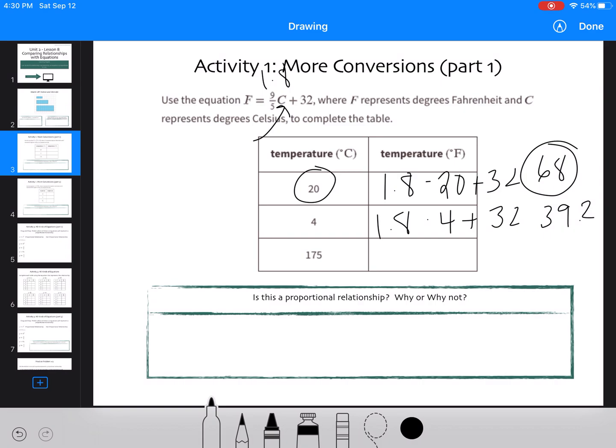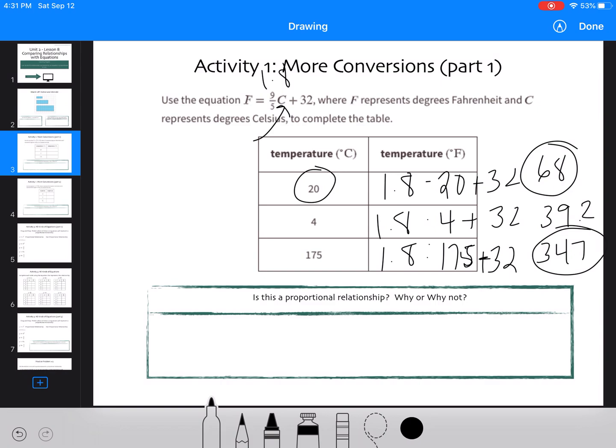So then I'm going to do 1.8 times 175 plus 32. I get 347 degrees. That's hot, hot, hot.